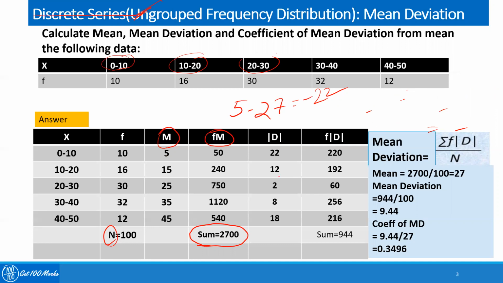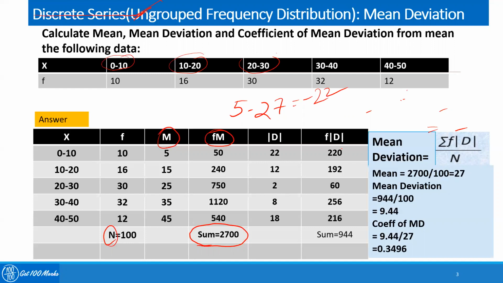Similarly, 15 minus 27 gives minus 12, but I have taken 12. 25 minus 27 gives negative 2, but I have taken 2. 35 minus 27 is 8. 45 minus 27 is 18.